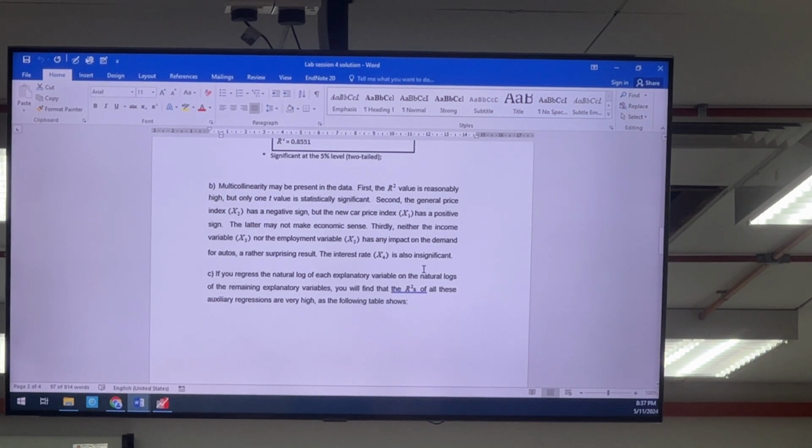And then to confirm that, you can check the VIF. You can further verify the problem by checking the VIF. If there is collinearity, estimate the various auxiliary regressions to find out which variables are highly collinear.